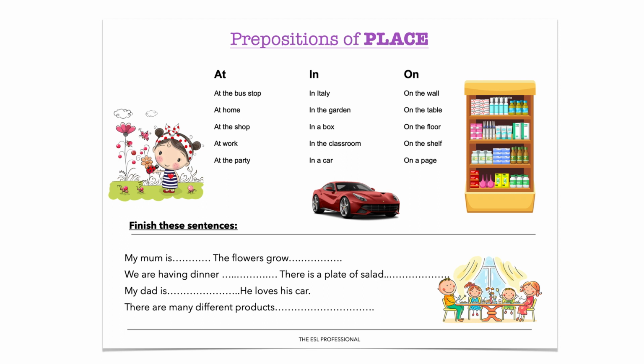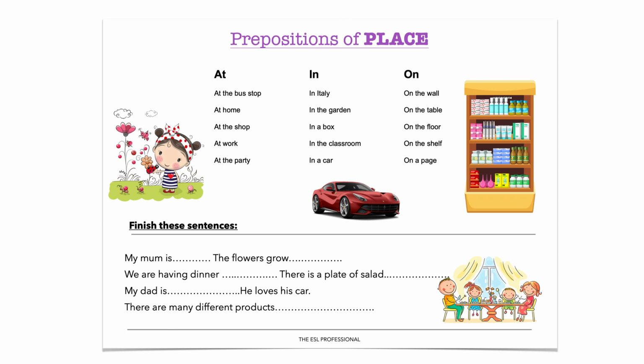In Italy, in the garden, in a box, in the classroom, in a car. On the wall, on the table, on the floor, on the shelf, on a page. Okay, so they are the prepositions of place, and also the words that are connected.